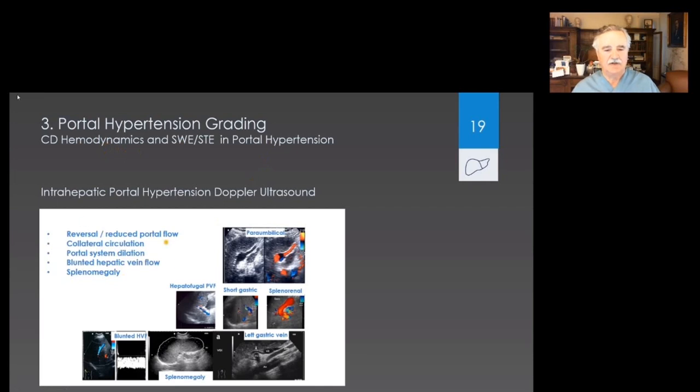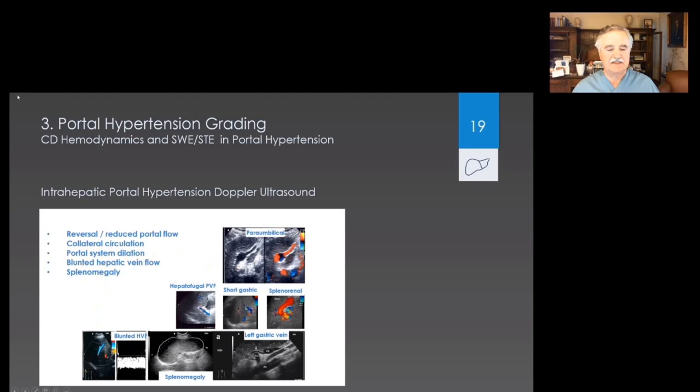A color Doppler can diagnose a reversal or reduced portal flow. It can very easily find collateral circulation.